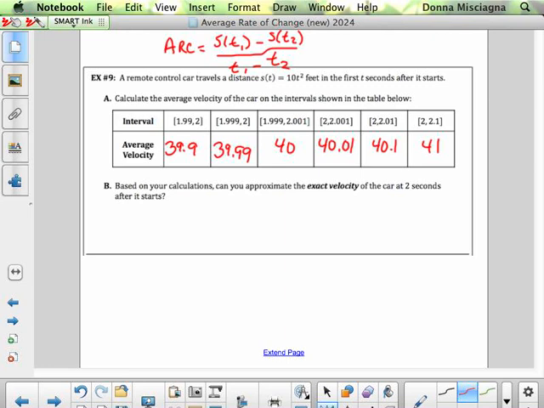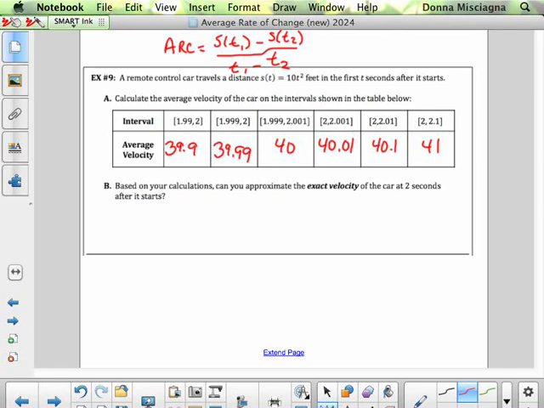As the values get closer together, we start to see that the values are getting very close to a single number. All of these values are pretty close to 40. As we look at the table from the left and from the right of the center value, our values seem to be centered on about 40.